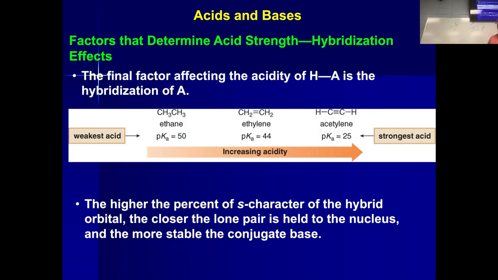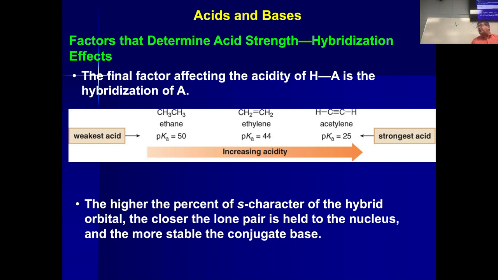The last effect is called the hybridization effect. And here we've got ethane, ethylene, don't worry about the name so much, and acetylene. And what you notice for the pKa is the pKa of ethane is around 50, the pKa of ethylene is 44, and the pKa of acetylene is 25.